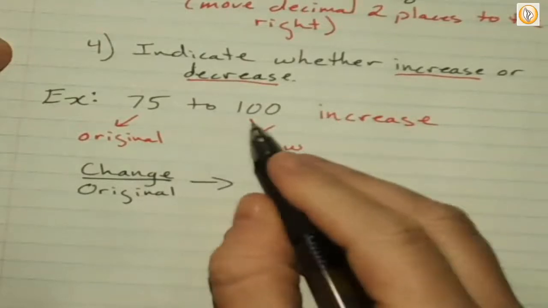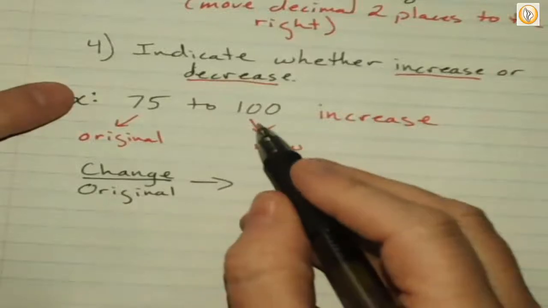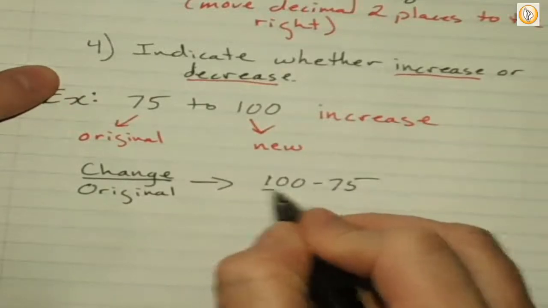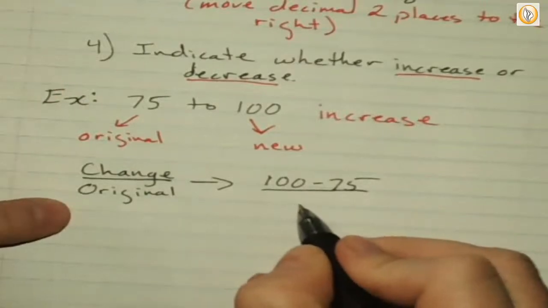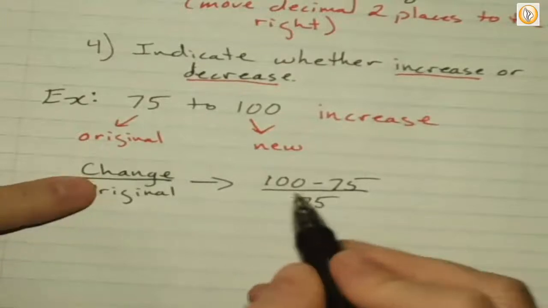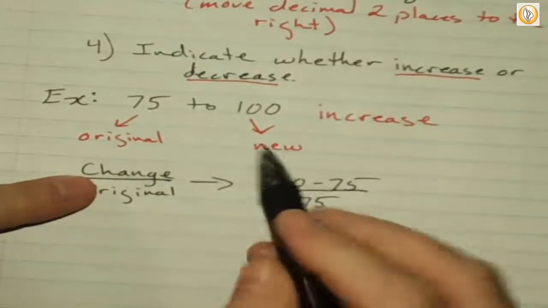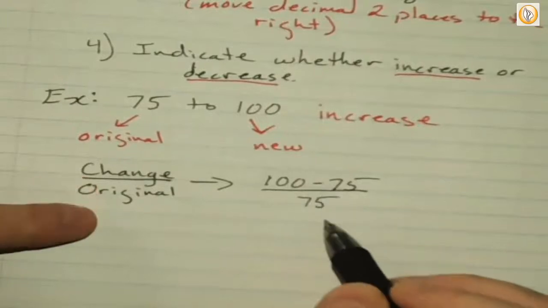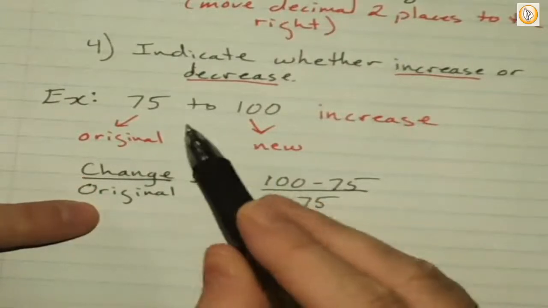Okay, so we're going to subtract, and I'm always going to go with the larger number. 100 minus 75. And what's the original amount though, Joseph? The original amount is 75. Okay, so the change is the difference between original and new. So you're subtracting them over original, which is the 75.